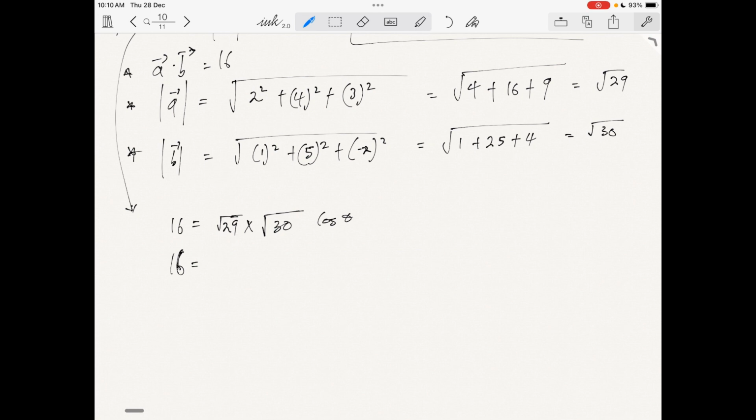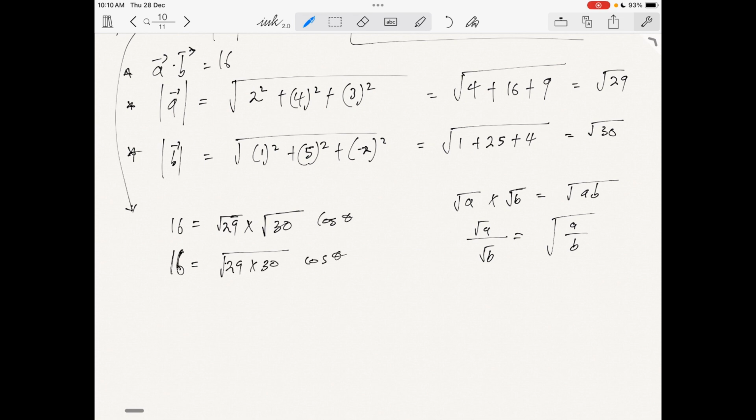We recall our rule of surds: root a multiplied by root b equals root ab, and root a divided by root b equals root of a over b. So that will give us root 29 multiplied by 30, everything multiplied by cos theta.